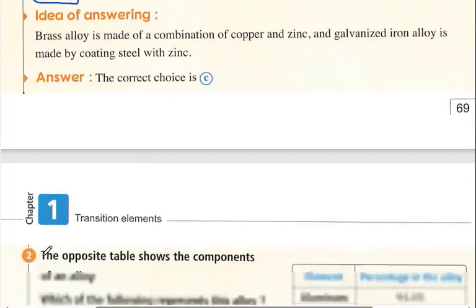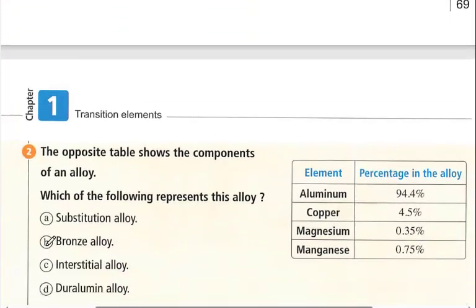Let's have another example. The opposite table shows the components of an alloy. Which of the following represents this alloy? We have said that aluminum is the main component of duralumin, which is one of the types of intermetallic alloy.